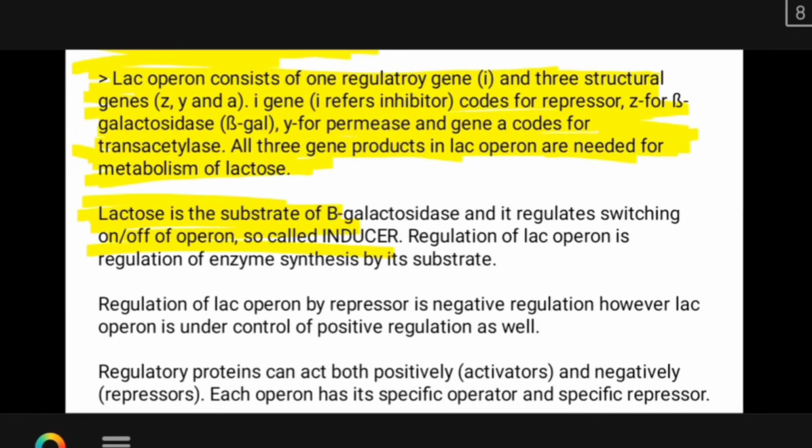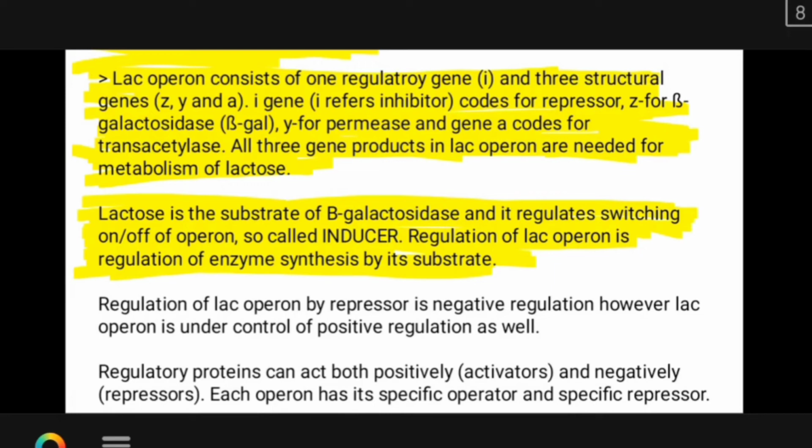That is, in the absence of lactose, the Lac operon is switched off because the regulating gene, the I gene, forms the inhibitor, and the inhibitor or the repressor binds to the operator region and does not allow RNA polymerase to bind to the promoter.